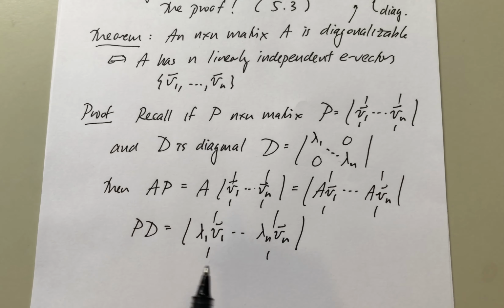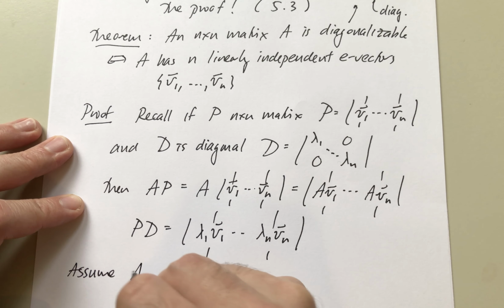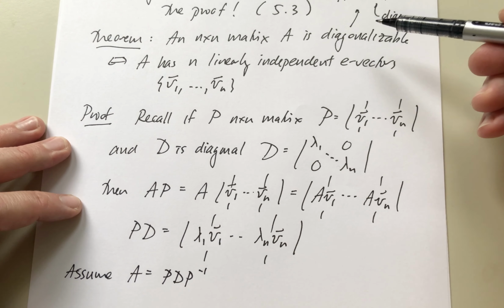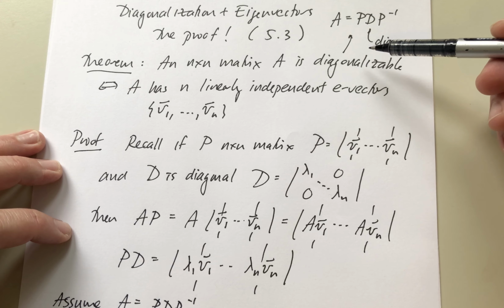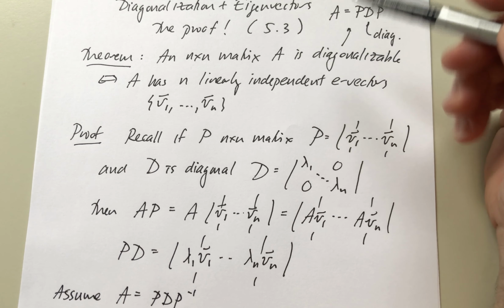Now let's assume that A equals P D P inverse. If you're assuming that the matrix is diagonalizable, I want to show that this implies you have n linearly independent eigenvectors.